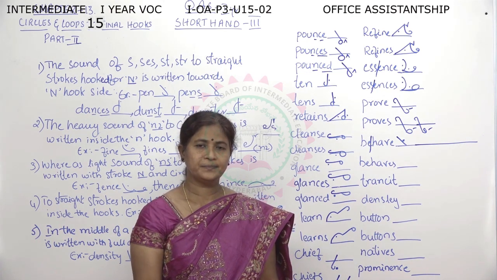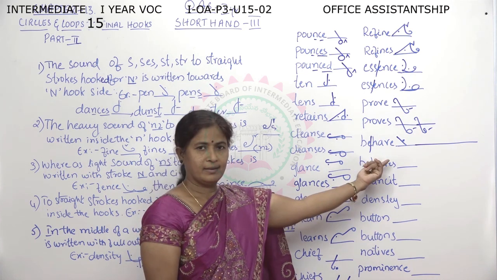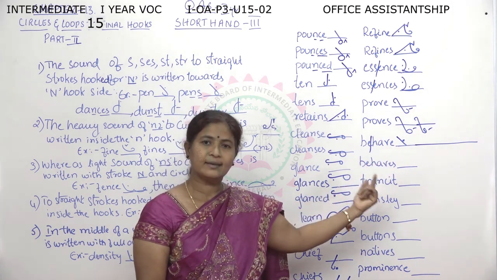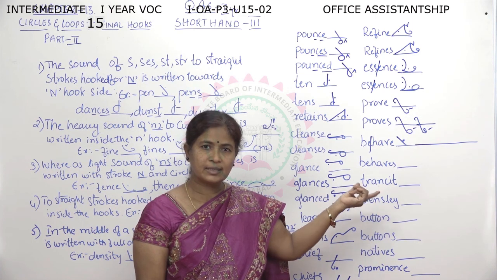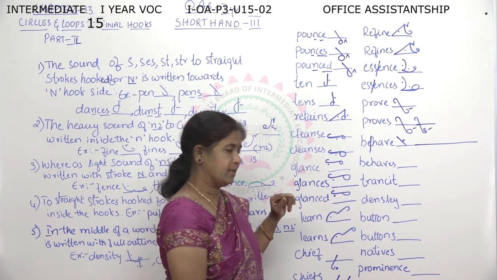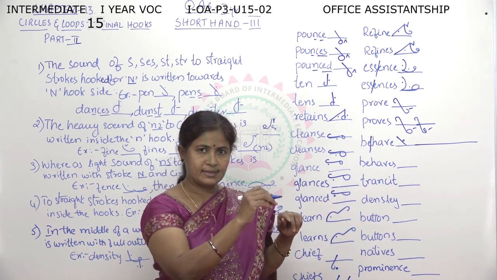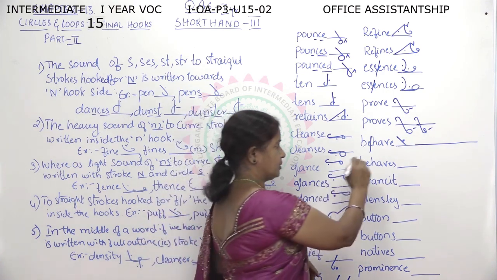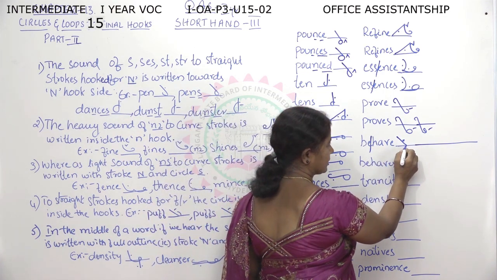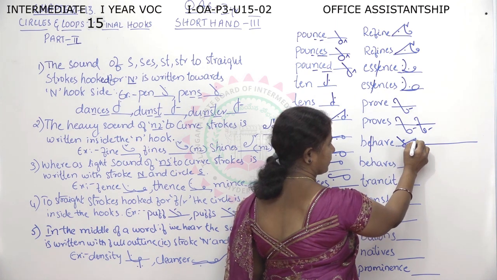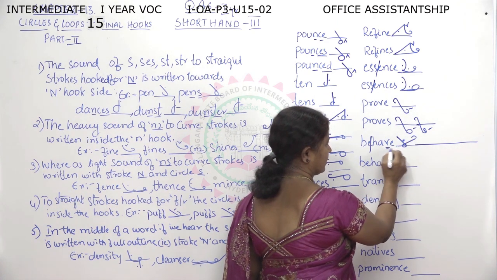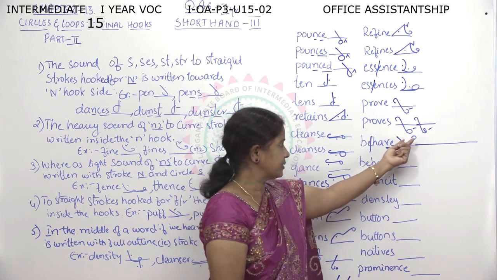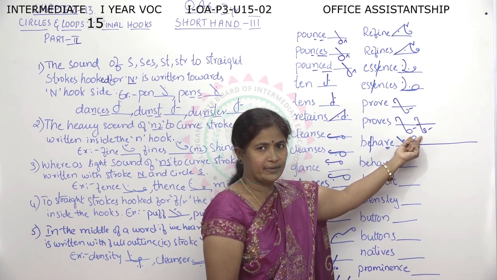How do we write? This is B. Now H circle ela turn cheyali. How do we turn H circle here? Okay. H circle is, we write circle and then go upward for hey, isn't it? So if we turn the circle as like this and V hook, behave, F is, we write F hook, behave, we write V hook here.